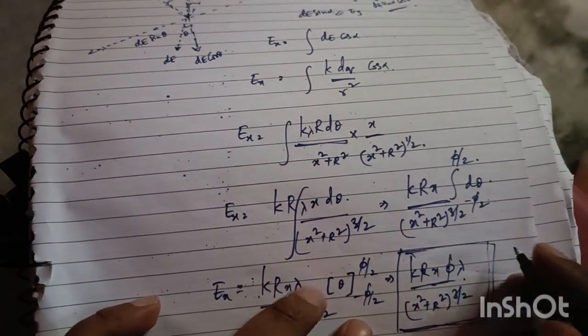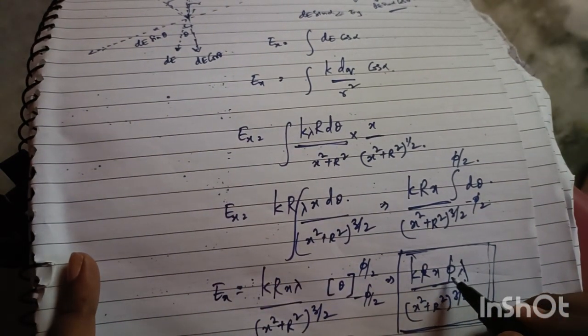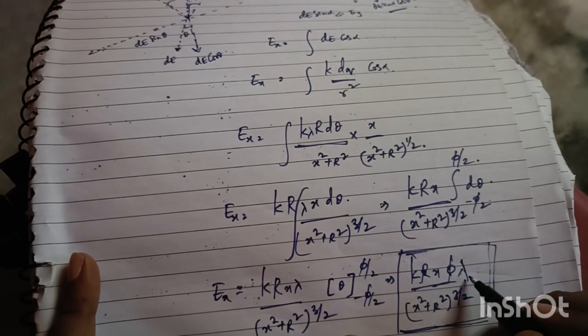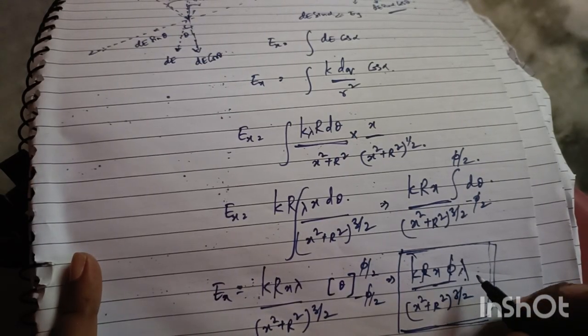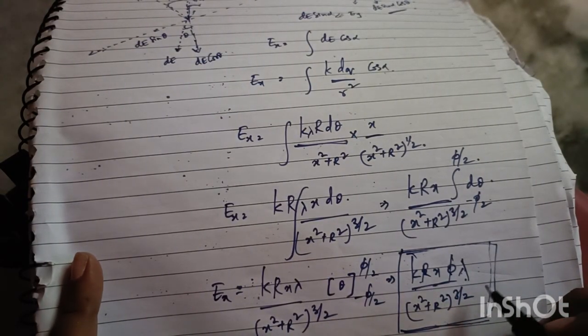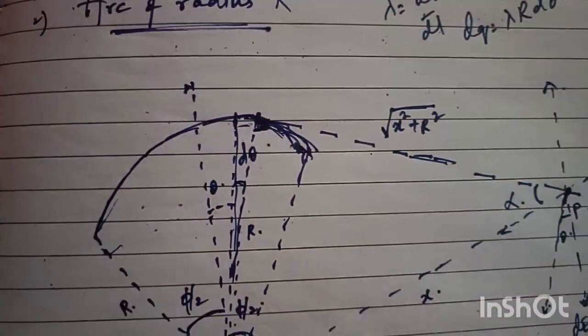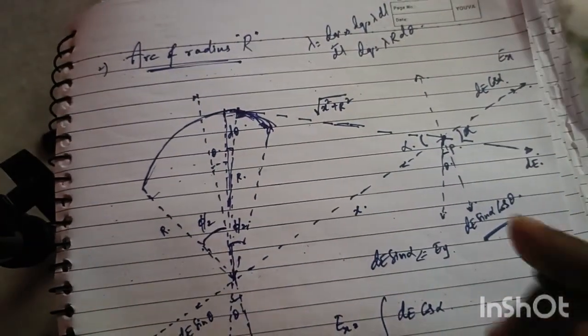So for the complete ring, if I take φ as 2π, we get 2π r λ, which is the total charge of the ring, giving the standard result which we know, k q x divided by (x² + r²)^(3/2). Right? So this is for the arc at its axis.